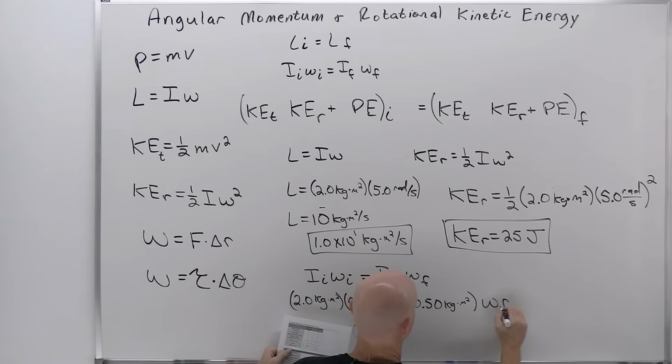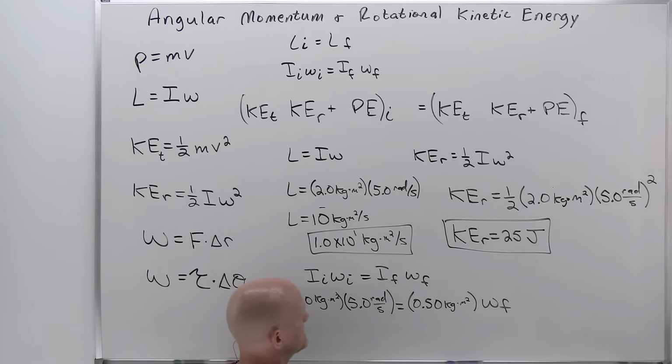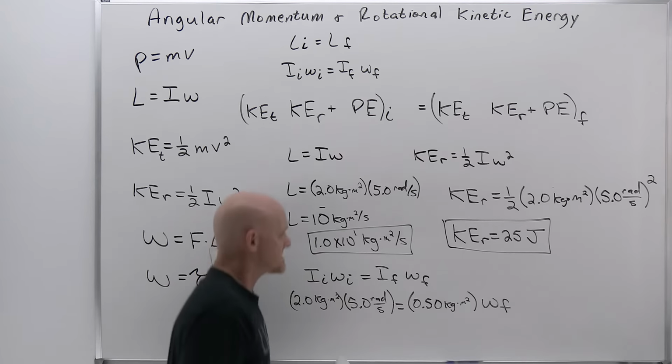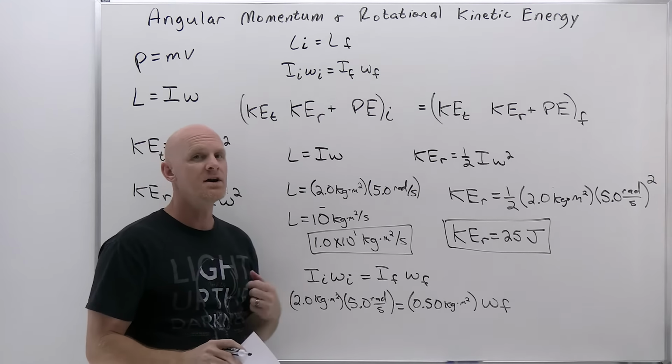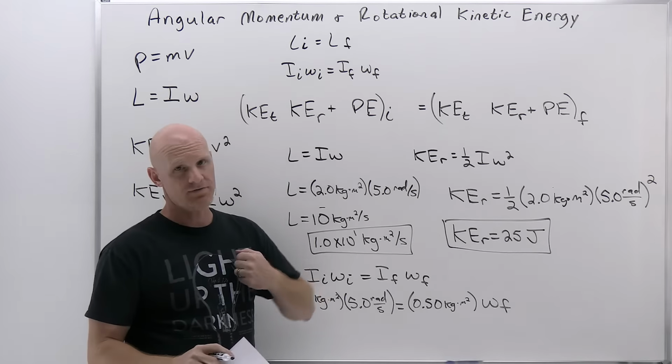And the question is, what is that final angular velocity here? And again, we could reason this out as well. What happened to their moment of inertia? Well, it went from 2 to 0.5. It went down by a factor of 4. There's an inverse relationship between moment of inertia and angular velocity. So if the moment of inertia went down by a factor of 4, the angular velocity is going to have to go up by a factor of 4.